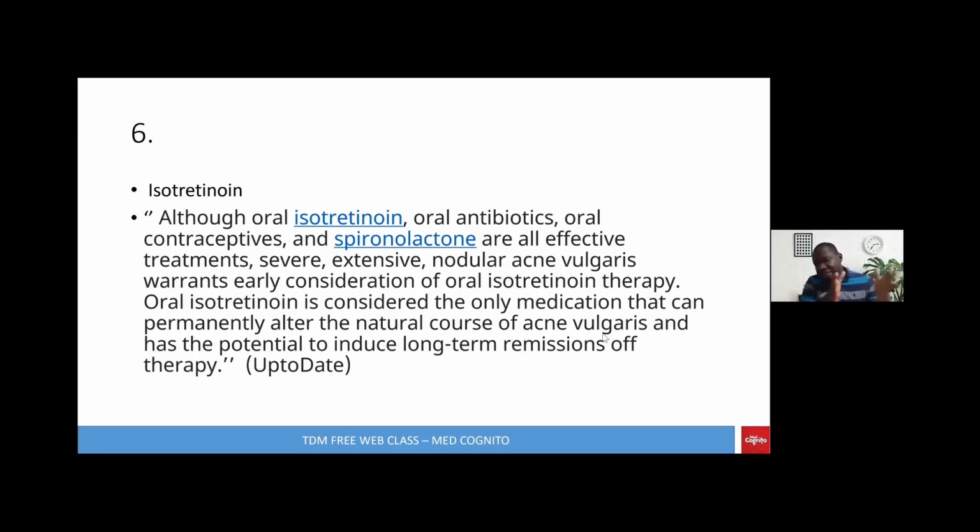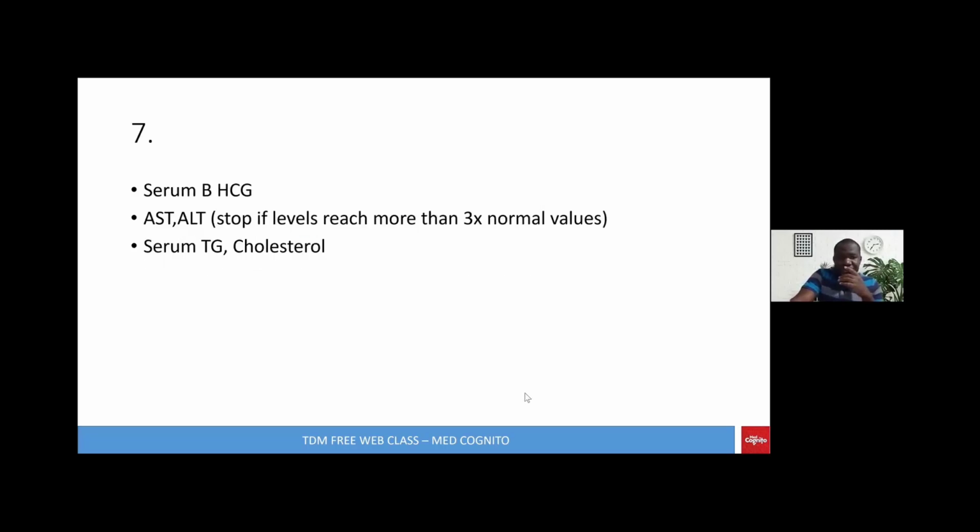So when you have a preamble and you're asked which medication you are going to choose at this time, your answer is isotretinoin, okay? Regardless of its very toxic profile, if this medication is still used, then you must know that its effectiveness is very high.